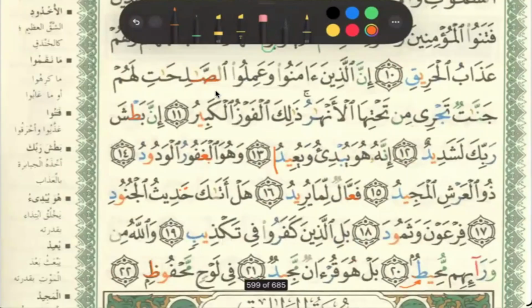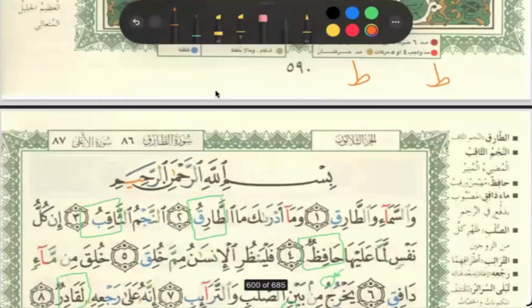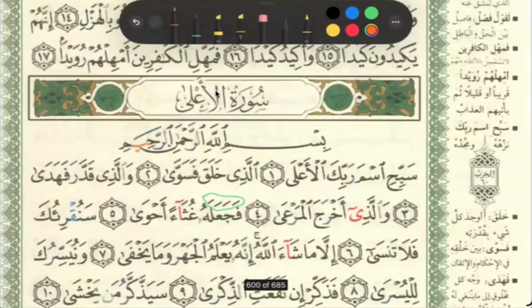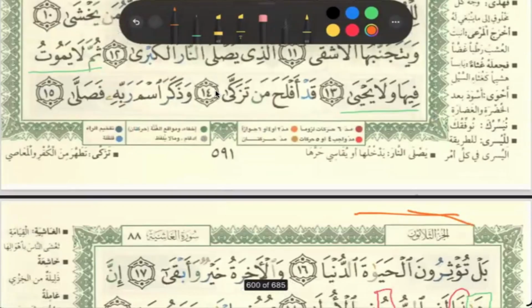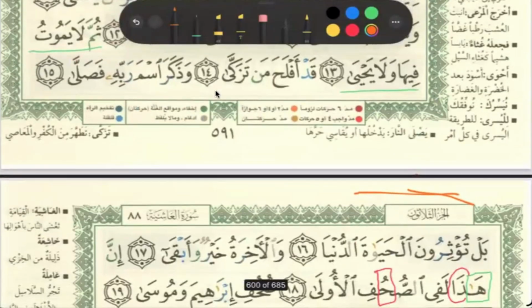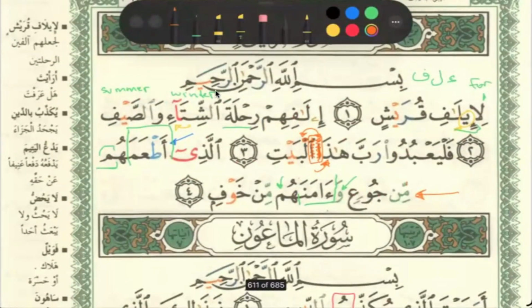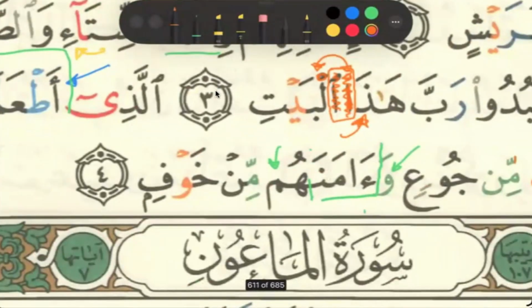Here's another one. Okay. But what about an ayn in a neutral form? Yes, Surat Quraysh. Min ju'. Let's see. Here it is. Min ju'. Look here.